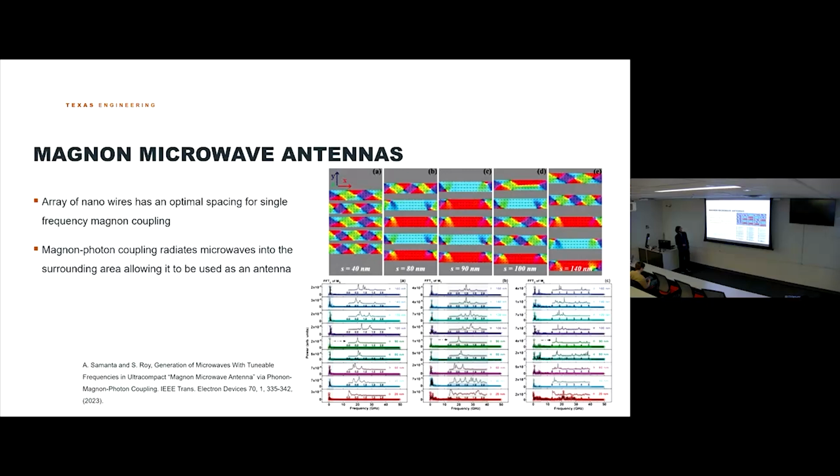And they found that for an ideal spacing, all the nanowires have an effectively single domain configuration, and that allows a single frequency magnon to be present. And then from the magnon photon coupling, this releases microwave photons into the surrounding area. So this can be used as an antenna, and it allows you to interface your magnon systems with the external world.